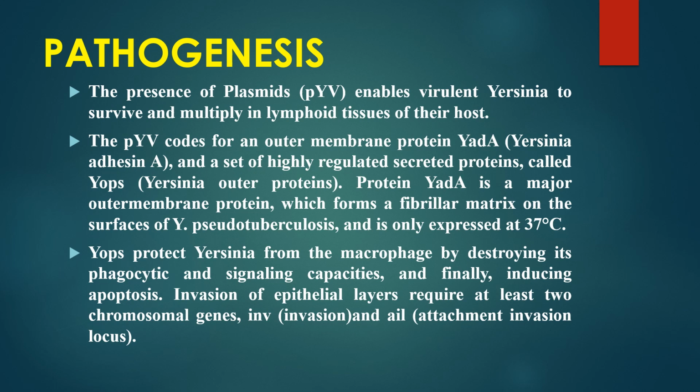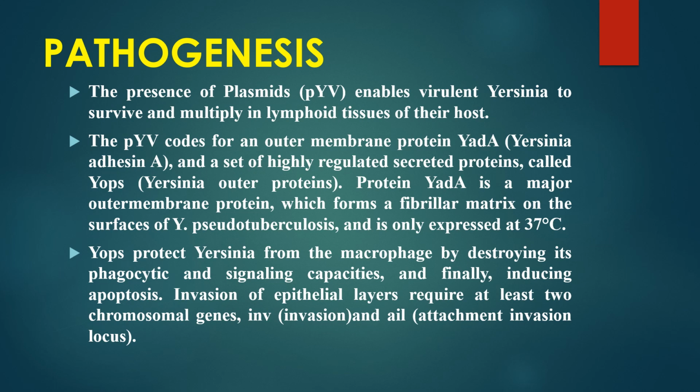YadA is a major outer protein which forms a fibrillar matrix on the surface of Yersinia pseudotuberculosis and is only expressed at 37 degrees Celsius when it is non-motile. Yops protect Yersinia from the macrophage by destroying its phagocytic and signaling capacities and finally inducing apoptosis.